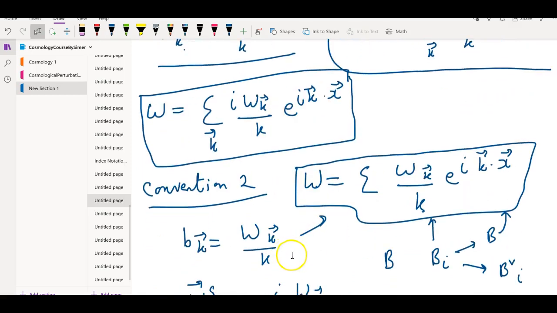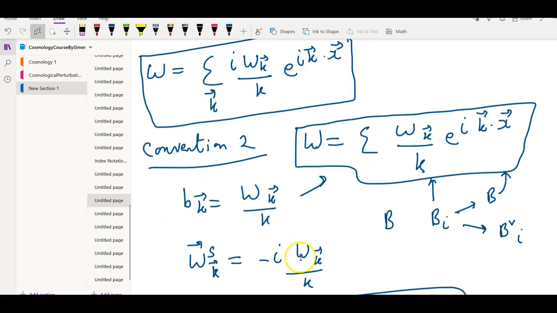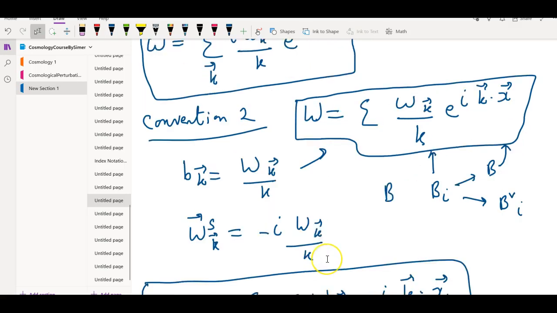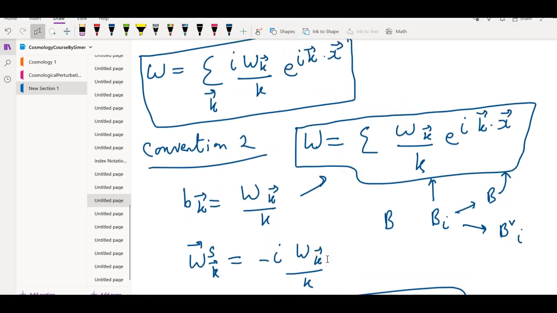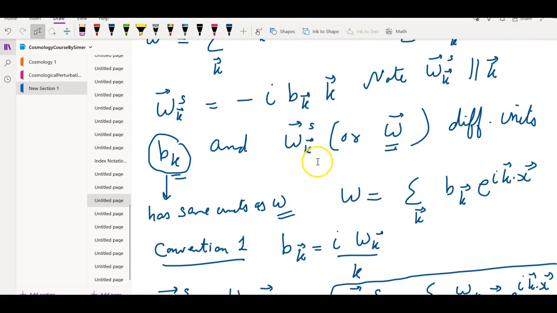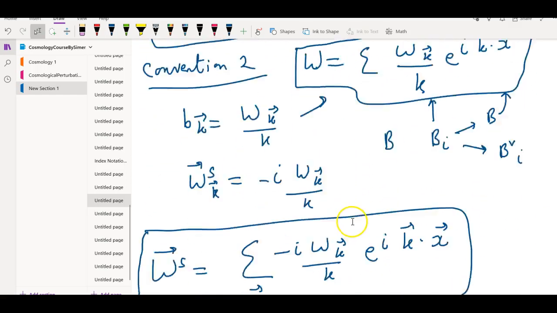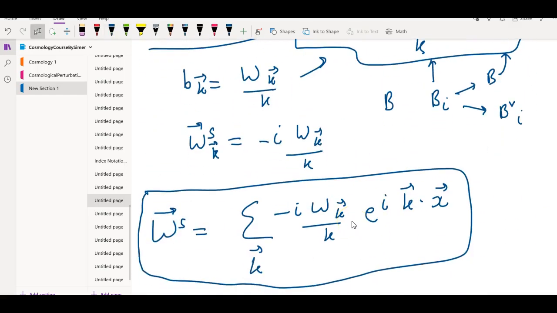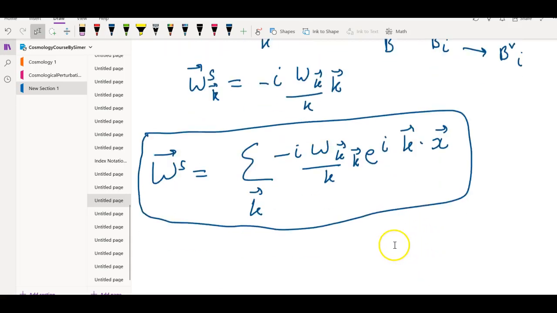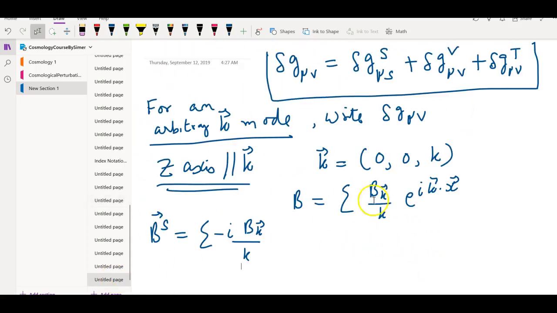So this should be vector k here. This should be k.